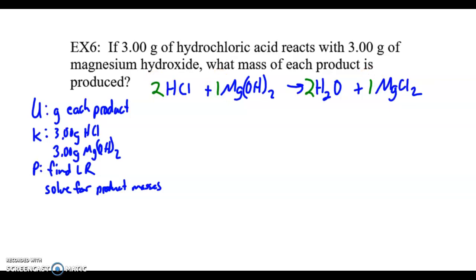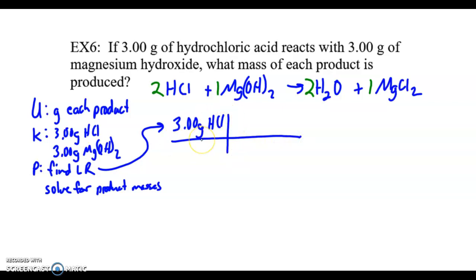And now we're on to finding the limiting reactant. You can pick either one of these, but I'm going to start with the hydrochloric acid. I'm going to convert to the other reactant and see how much of the other reactant I would need to go with the 3 grams of hydrochloric acid. So let's add up the molar mass of hydrochloric acid.